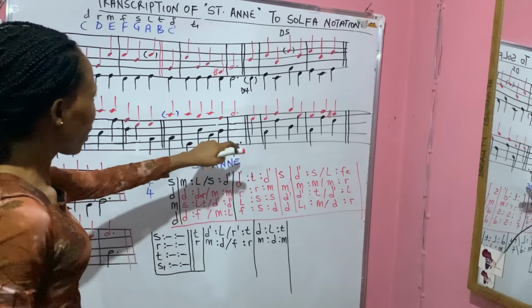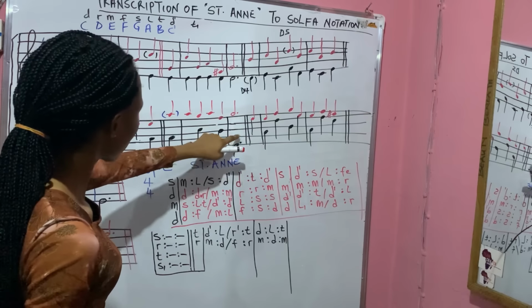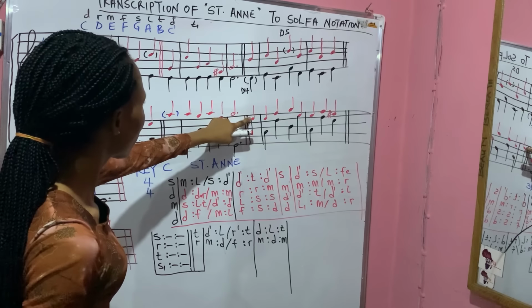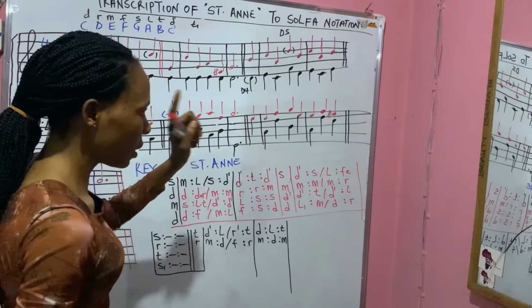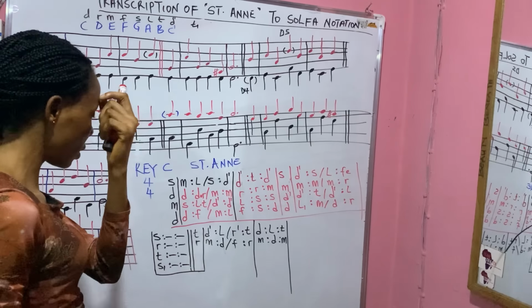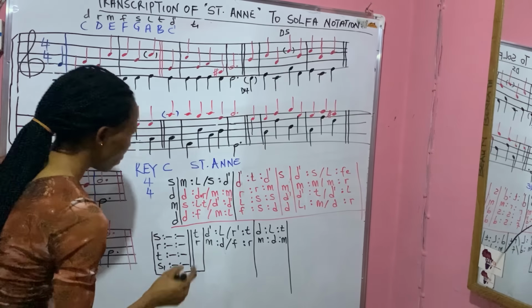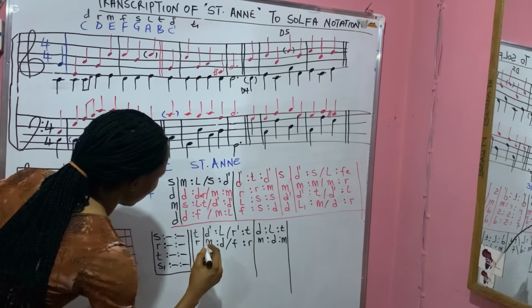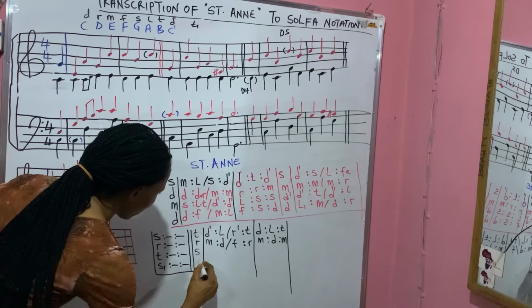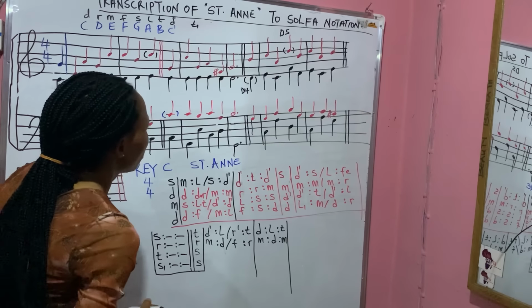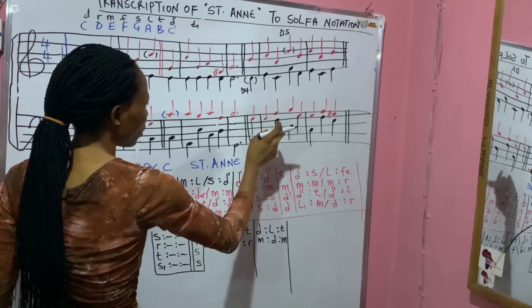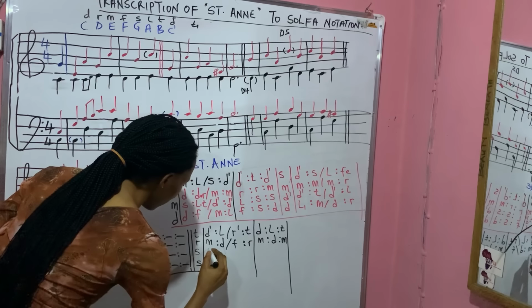For the tenor, you see these notes, the one up and the one lower, the same note, that means the same pitch, the same note. So you write for both, which is Sol, that's G, G. Then we have G, So again, and A, La.